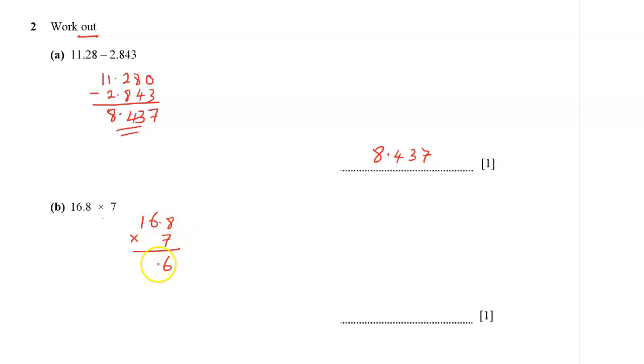Get 6 there, carry 5. 7 times 6 gives us 42. 42 plus 5 gives us 47. Write 7, carry 4. 7 times 1, that's 7 plus 4, that gives us 11 right there. So 117.6 is the answer.